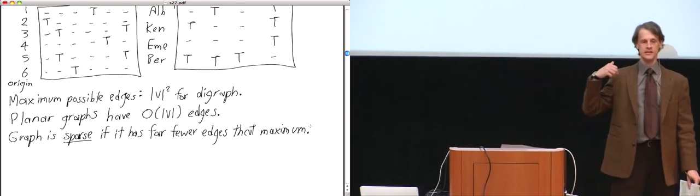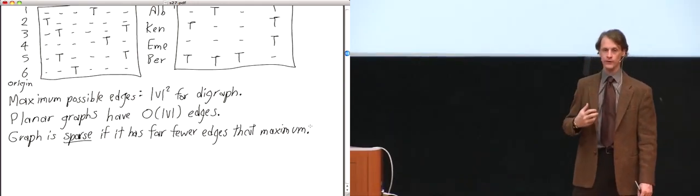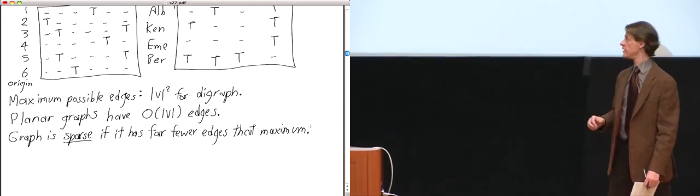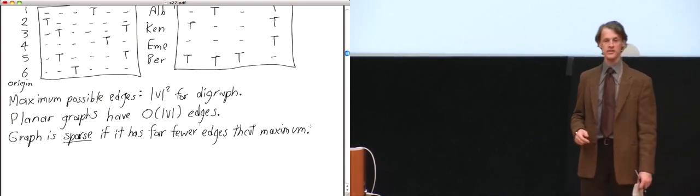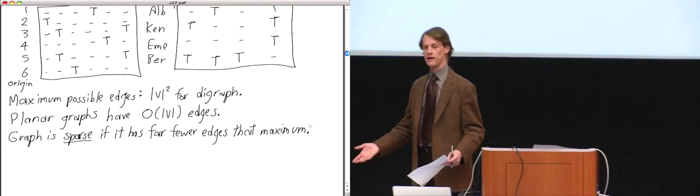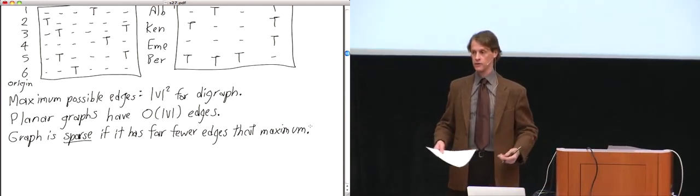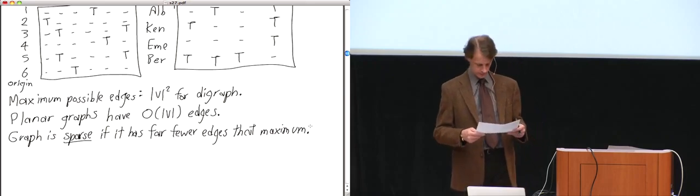And you'll notice that this is kind of a fuzzy definition. The word sparse does not have a rigorous mathematical definition. It's more of a loose term. One person's sparse might be another person's dense. But if you have a subquadratic number of entries, usually you would consider that sparse.